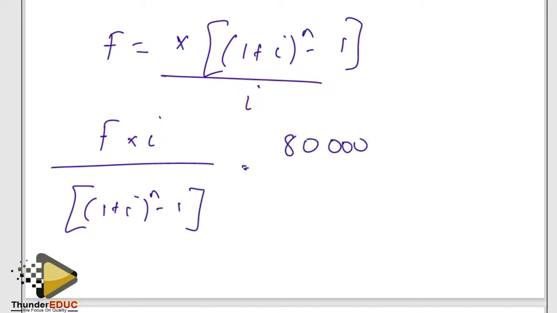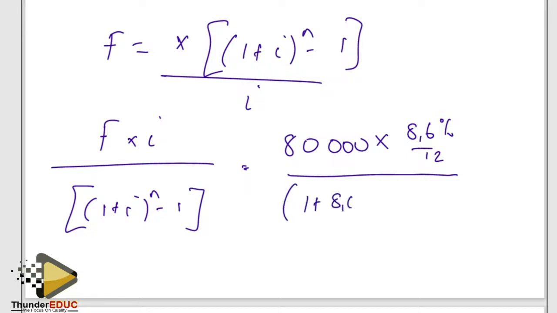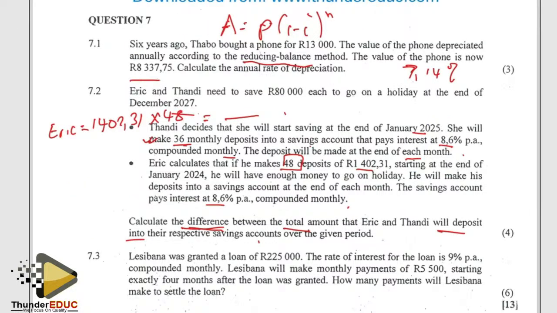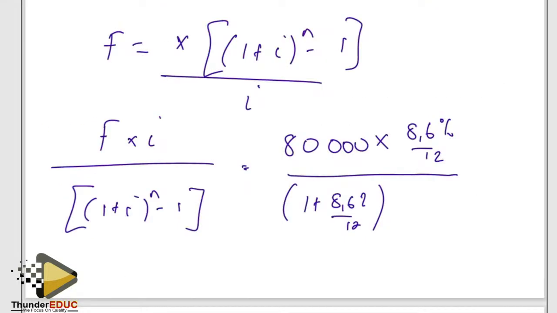How much is needed? It's 80,000. Interest rate is 8.6% compounded monthly, so it's going to be 1 plus 8.6% monthly to the exponent of Tandy's n, which is 36. That's correct. To the exponent of 36 minus 1.